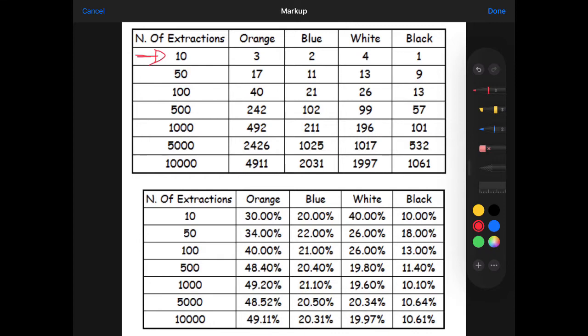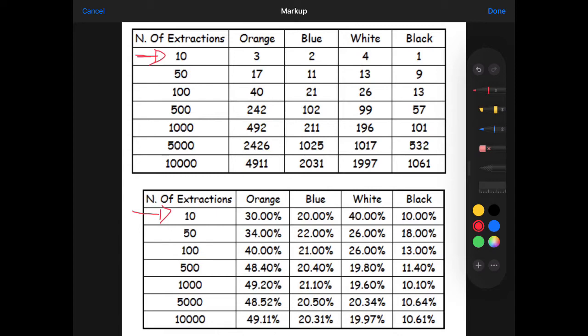Okay? Now, if you look at the first row here, I've changed those numbers into probabilities, because 3 out of 10 is 30%, 2 out of 10 is 20%, 4 out of 10 is 40%, and 1 out of 10, looking at the top row of the top table, is 10% in the first row of the second table.